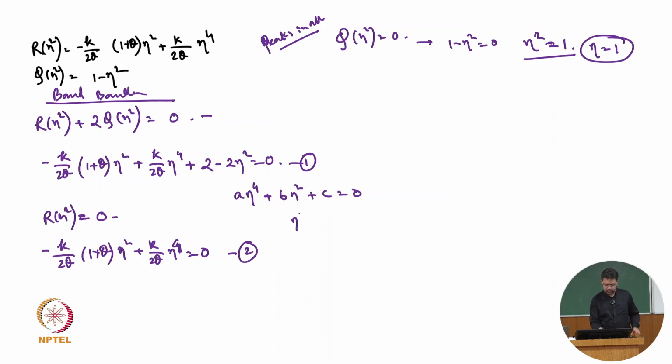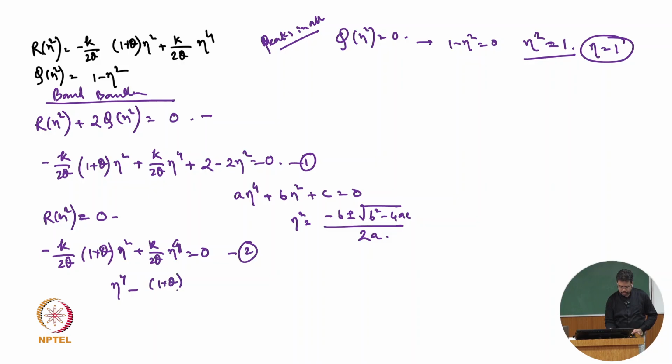So what will be eta square? Eta square will be minus b plus minus root over b square minus 4ac divided by 2a, that we can get from here. And what about this one? This one is simply telling eta square minus 1 plus theta eta square equal to 0, because I can just take kappa eta out.